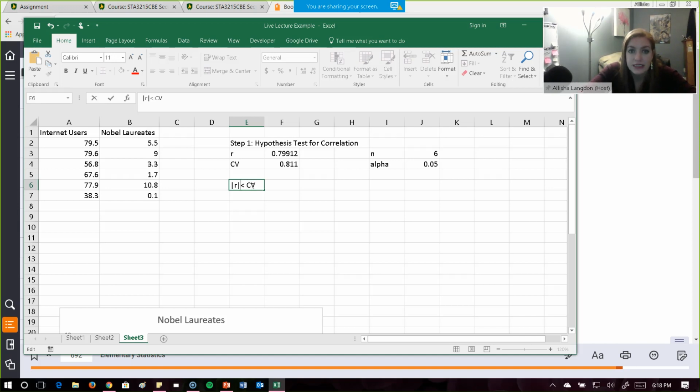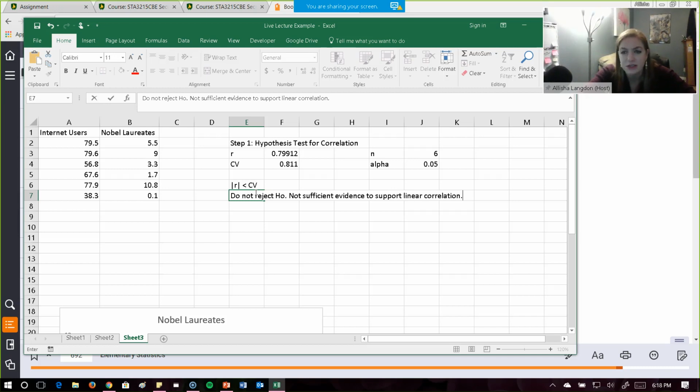The R value is smaller than our CV value, which means we can conclude we do not reject the null hypothesis. I'm just going to label that H0. Yep, we fail to reject that null hypothesis. Not sufficient evidence to support linear correlation.